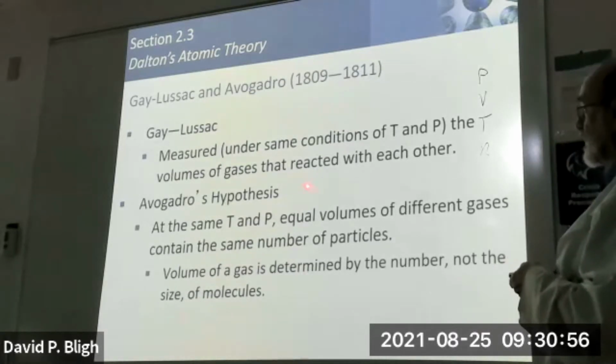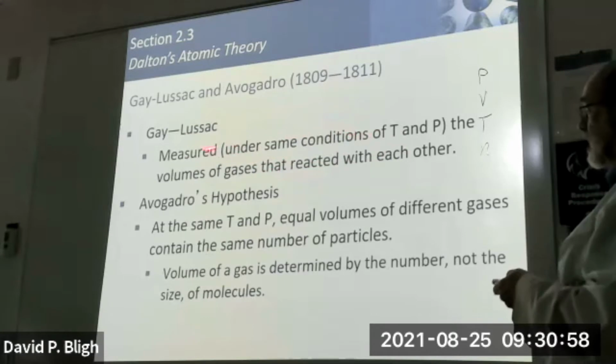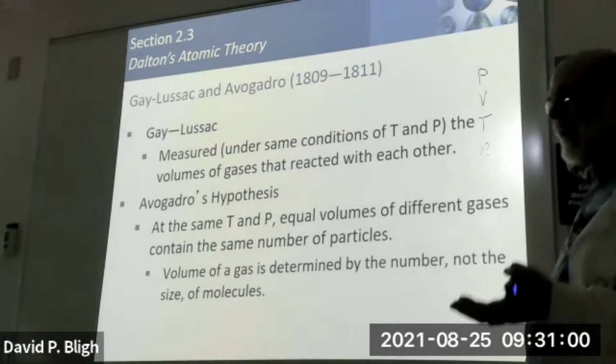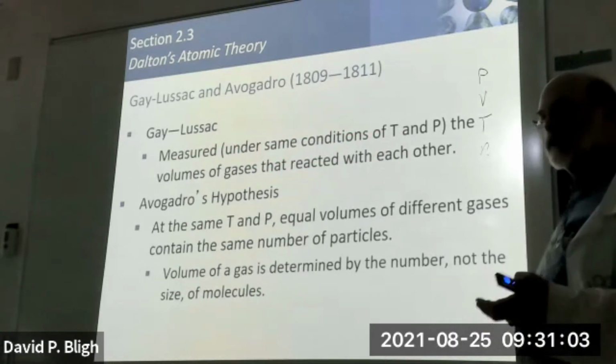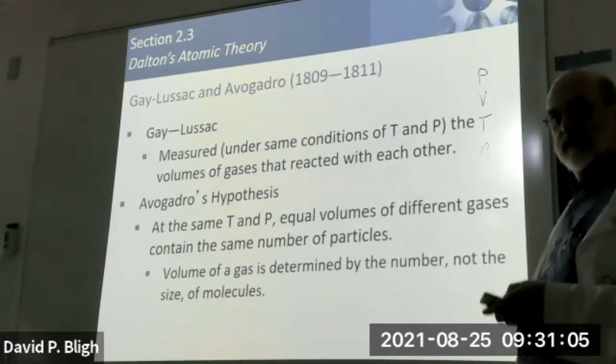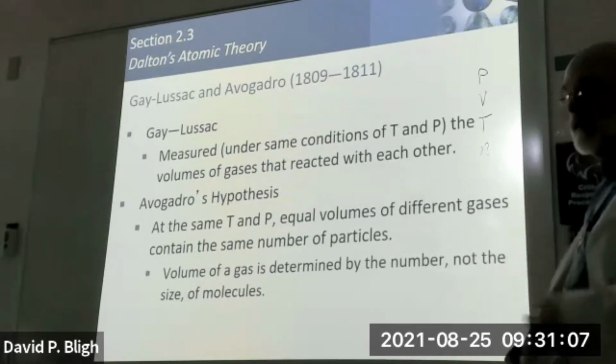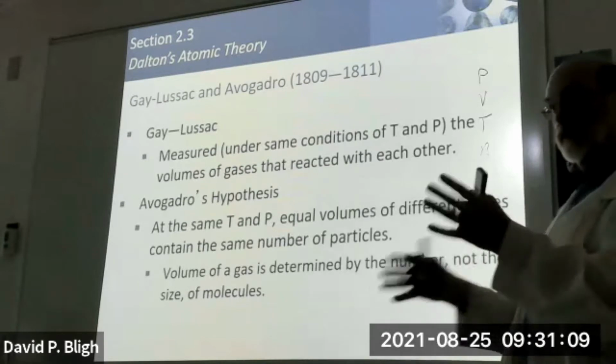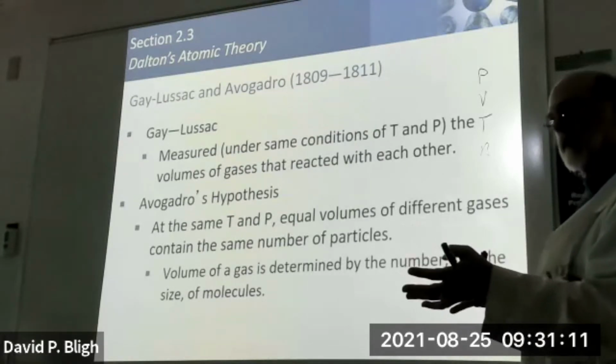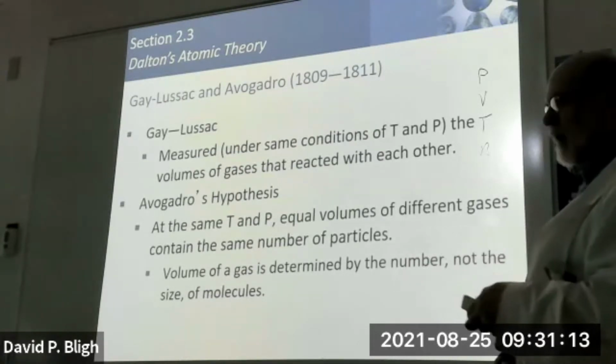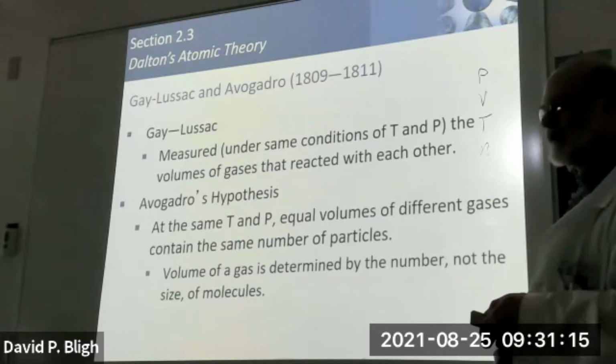So Gay-Lussac took these different gases and reacted them and noted the volume of the products. Now, he could also tell that they had the same mass before and after, right? So it obeyed that. But he also noticed that 1 plus 1 doesn't always equal 2.